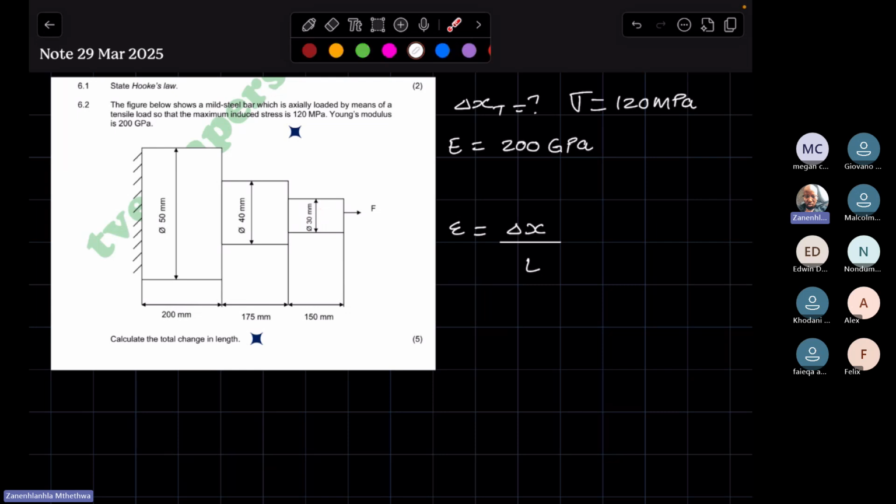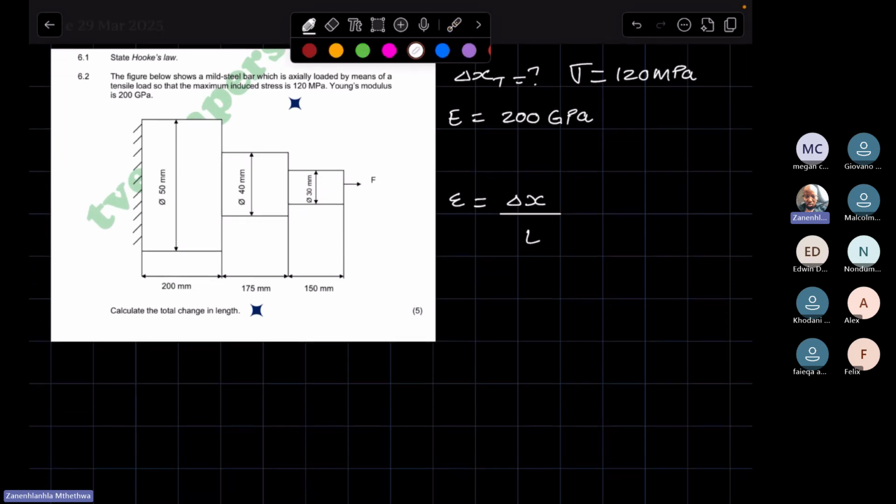Remember that E is equal to direct stress divided by direct strain.